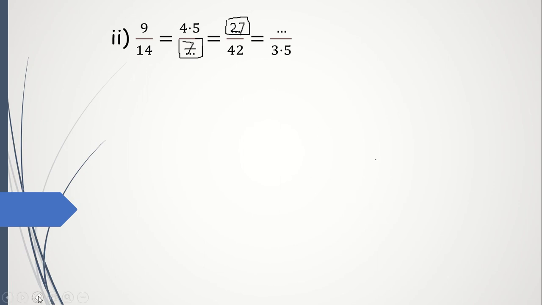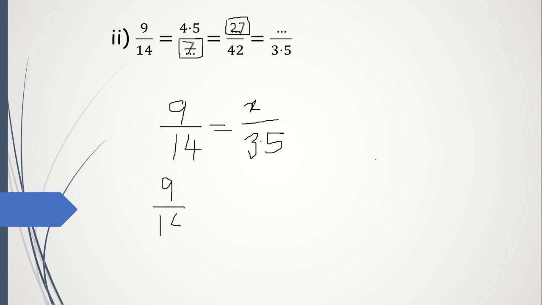It's the same way, the method is the same, only the thing is there is a fraction there. 9 upon 14 and 3.5. So same way 9 upon 14 is equal to, here also we will write 9 upon 14. And what is that k? We have to find that.